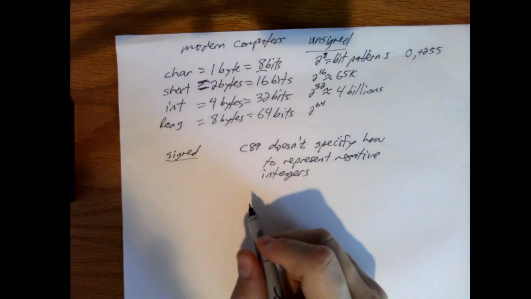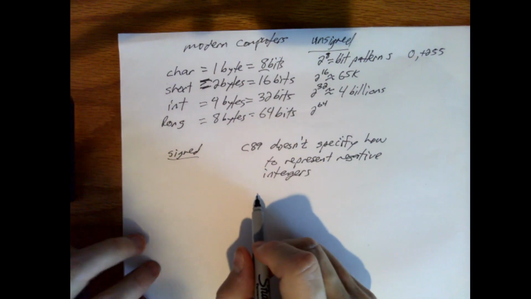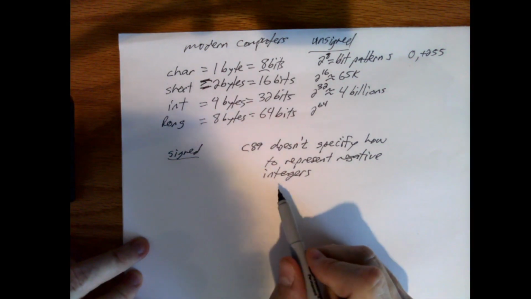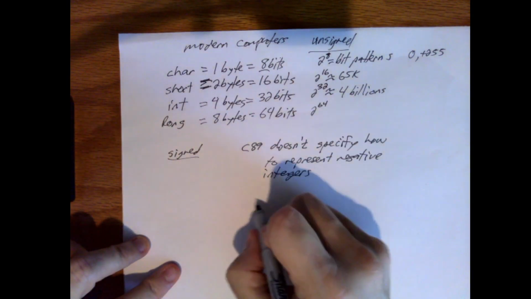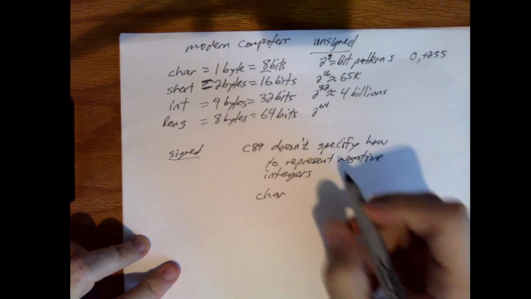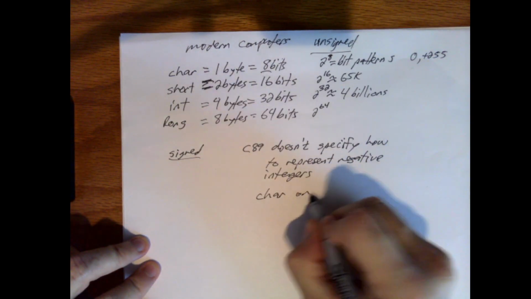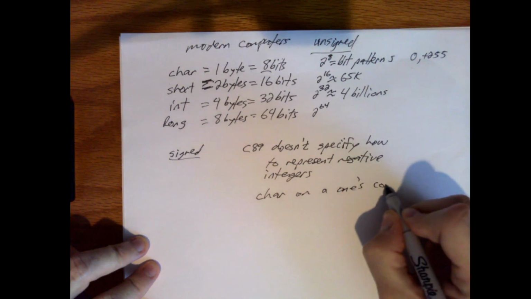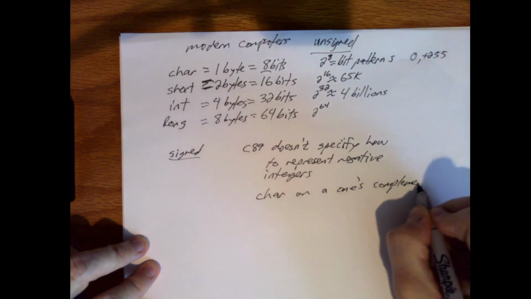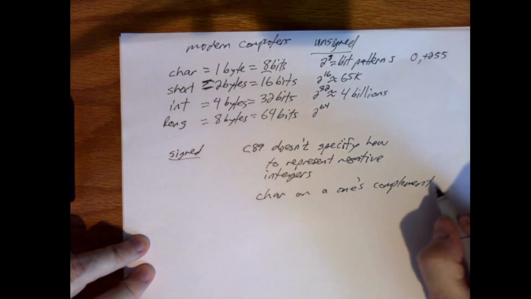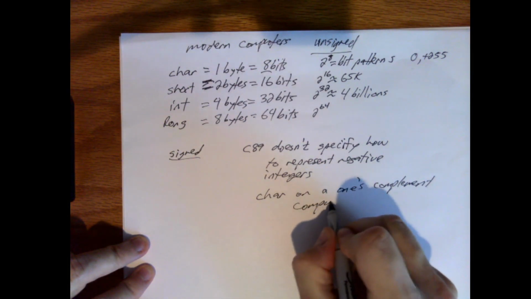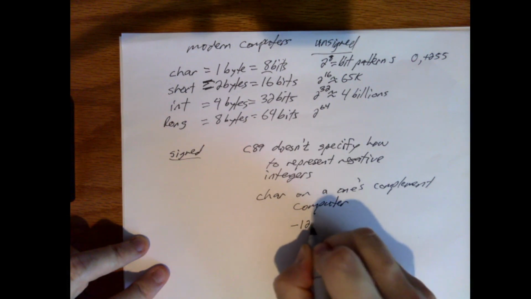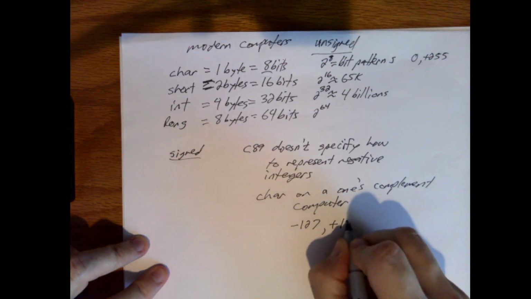Which means if you had a computer that stored negative integers using 1's complement, then if it was a char on that 1's complement computer, then the range of values would be minus 127 to positive 127.